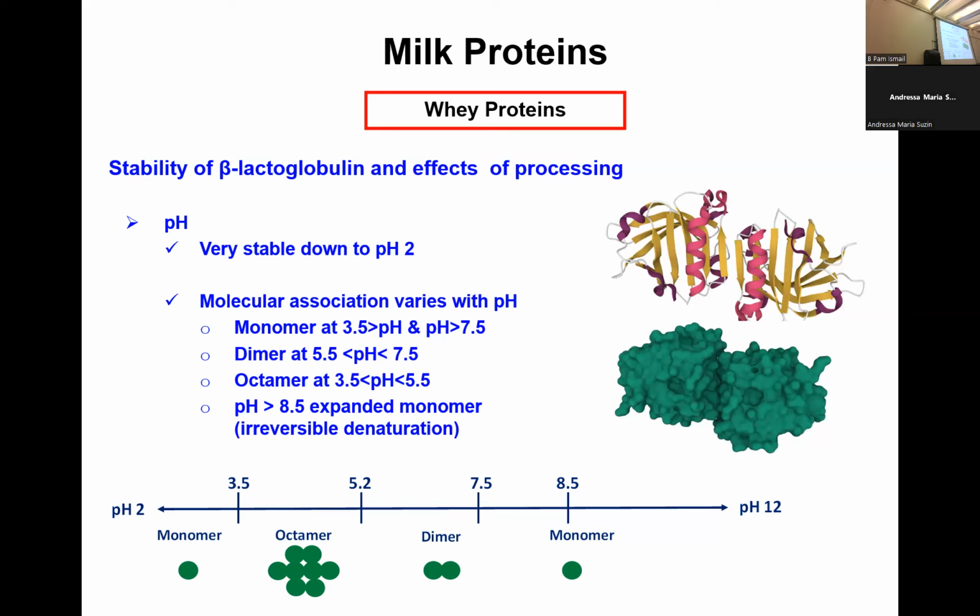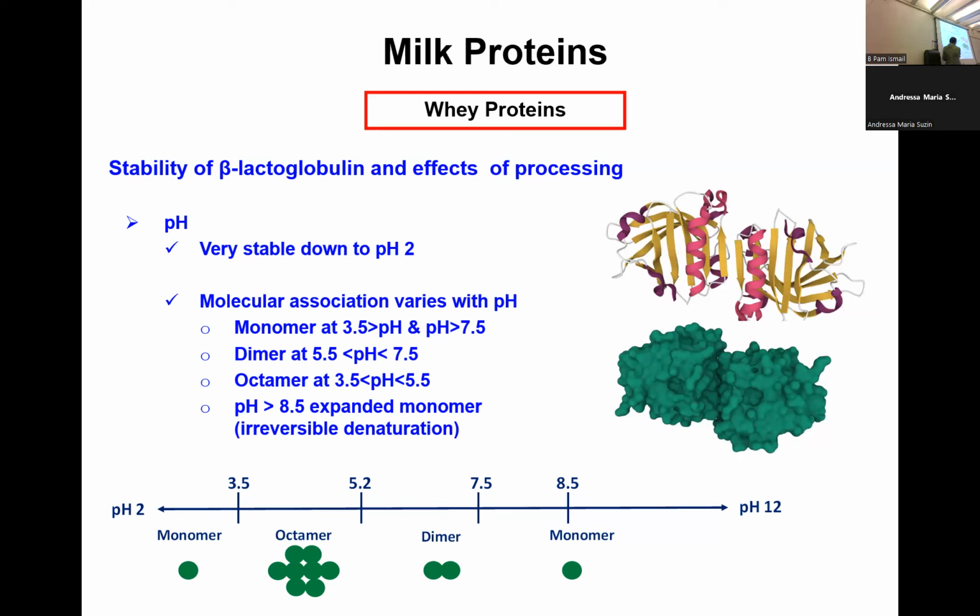Whenever we are around neutral, the whey protein is a dimer. If you're running size exclusion chromatography at neutral pH in phosphate buffer, you will get a peak equivalent to two times the molecular weight of beta-lactoglobulin, because it exists as a dimer.